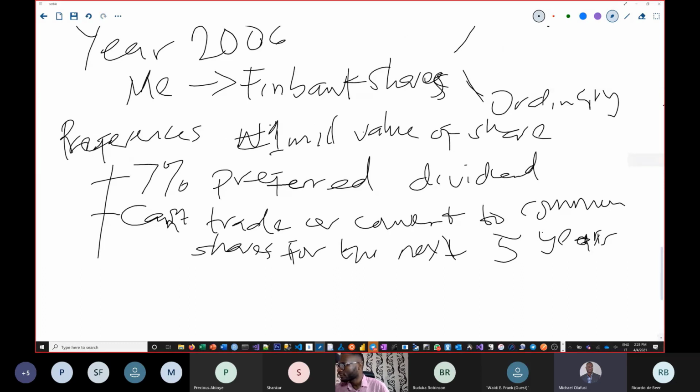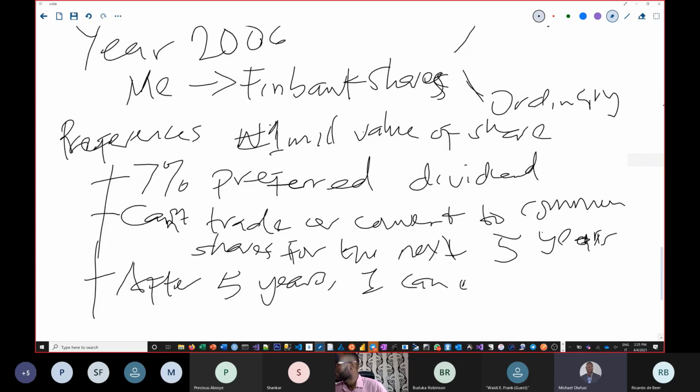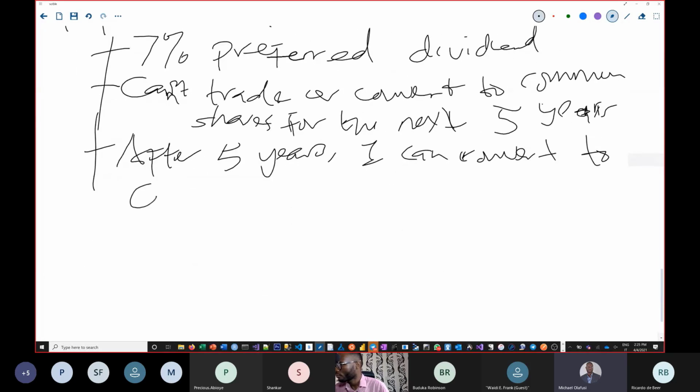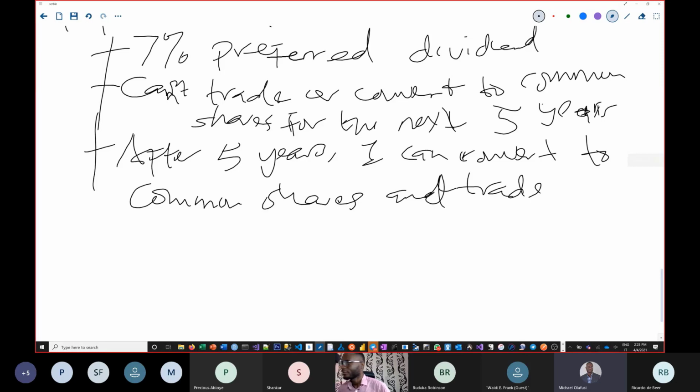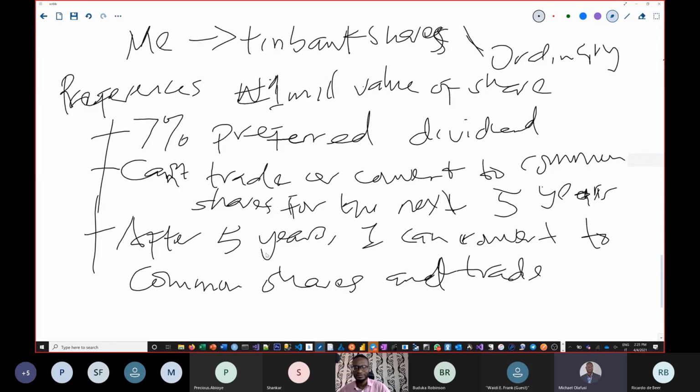After 5 years, I can convert to common shares and trade it. Those were the conditions that I remember were attached to it.